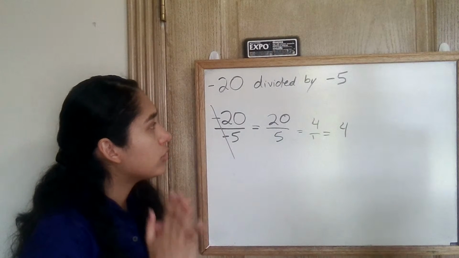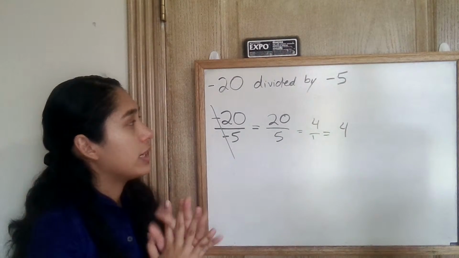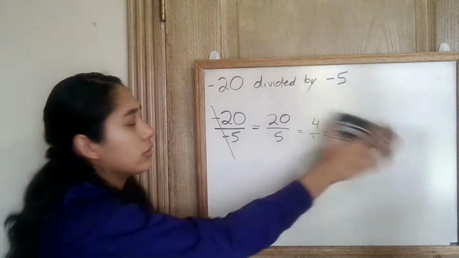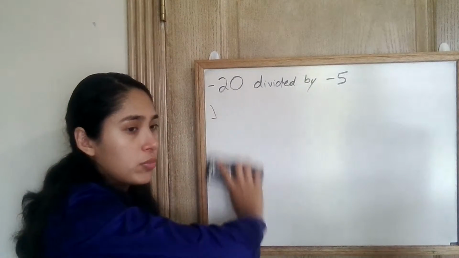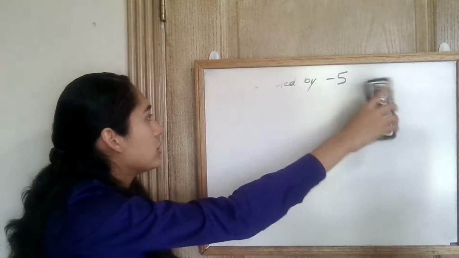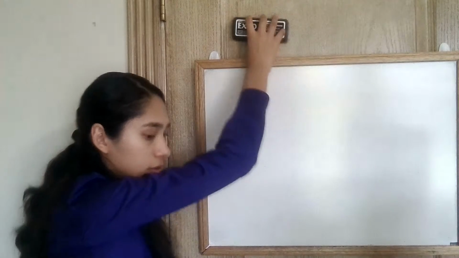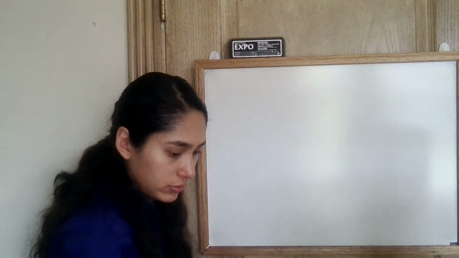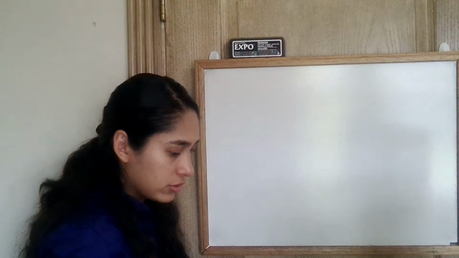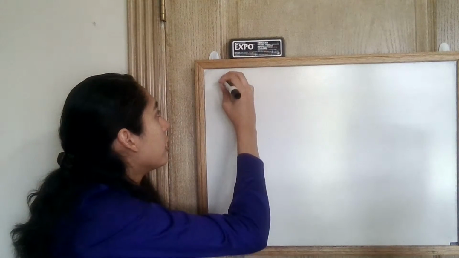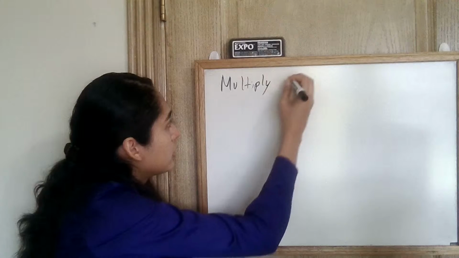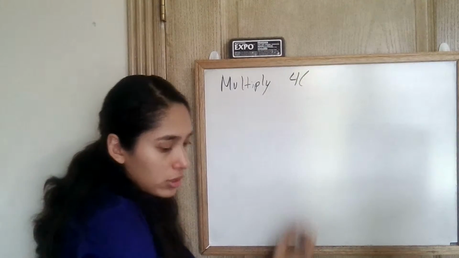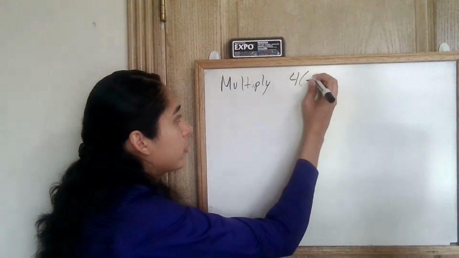Okay, so let's do a couple more examples. If you have any questions, you're more than free to type your questions in the chat box. Let's say it says multiply 4 by negative 25.